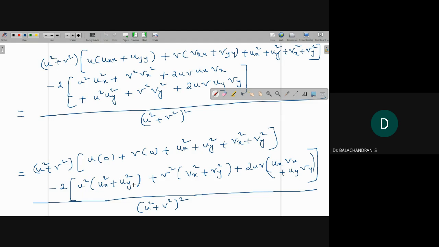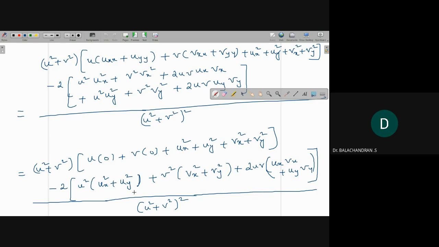Minus 2u square. So actually, this is 0. What about how to do this one? So we can make vx square uy square and vy square ux square, and then take the u square plus v square common.